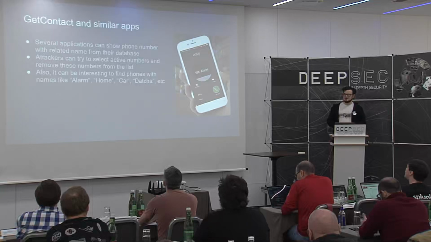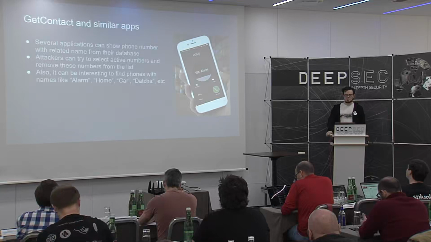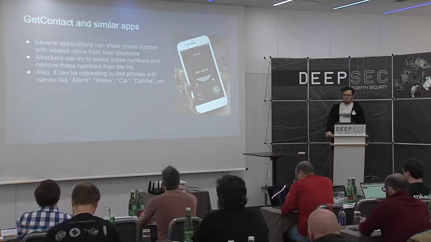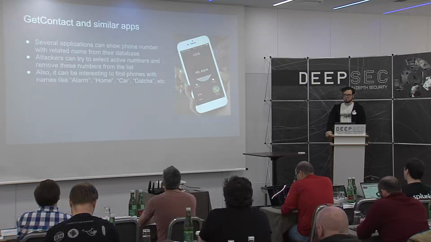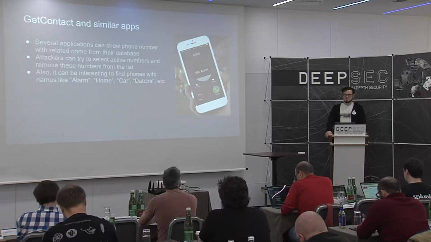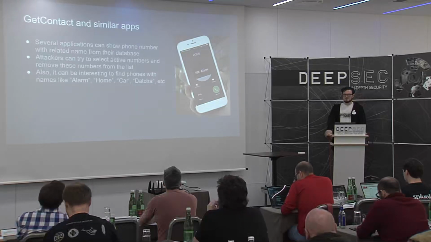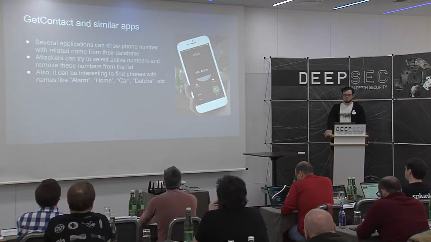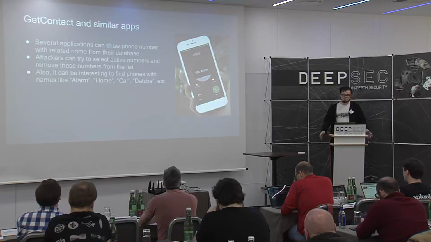And it means that if you have the name alarm, mostly it will be a GSM alarm or maybe an alarm system or security company. And it means that if you don't have enough time to do full research, you can try to get the database of GetContact or something like this, or some leaked information from public sources, and use it to get information about 1,000 devices.